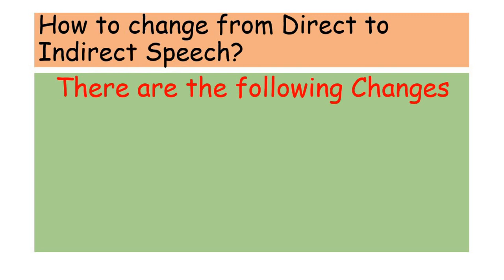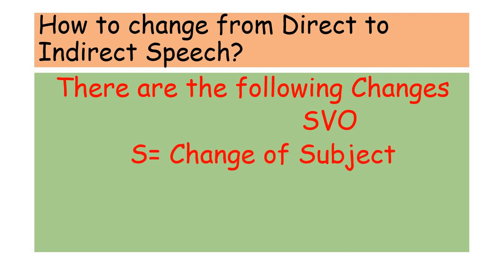There are the following changes we make when we change from direct to indirect. Now what the changes are? The changes are given in a very simple formula, that is SVO. Now there are three words. What do these three words stand for? The first one, S, stands for change of subject.